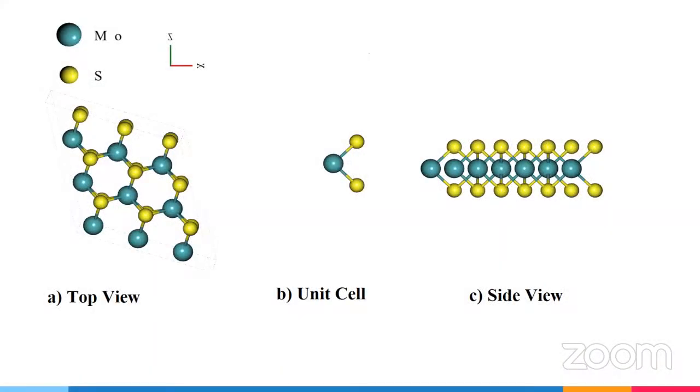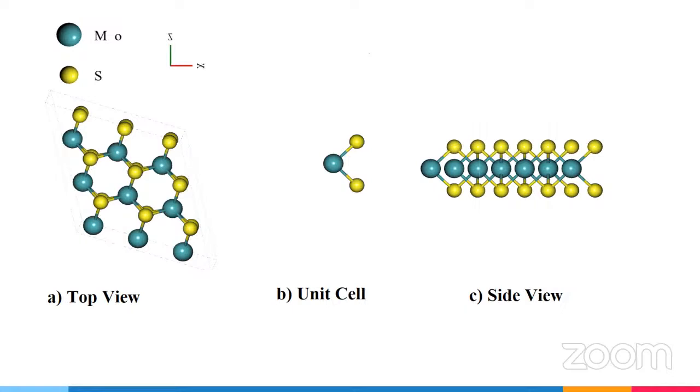So basically, this is the basic structure of MoS2. This is a unit cell that I have mentioned, and when I want to make a device, I repeat that unit cell. This is the side view and this is the top view of that unit cell.